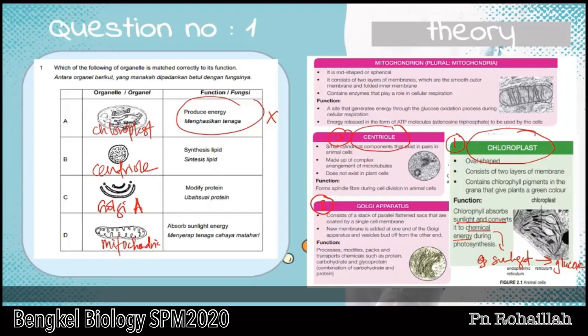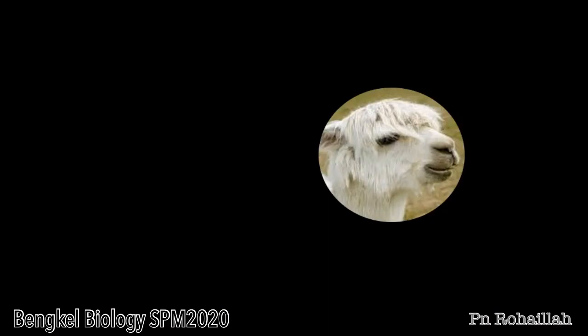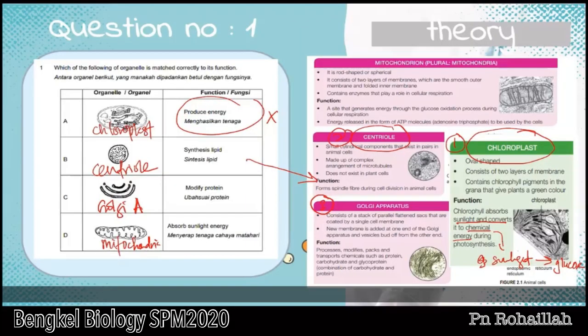So, centriole, what is the function for centriole? Okay, you tulis kat situ. Tak payah tulis lah, saya dah bagi tahu. So, centriole, the function is to form spindle fiber during the cell division. So, you tulis kat situ. Function for centriole, form spindle fiber. Okay, so yang ni pun salah.